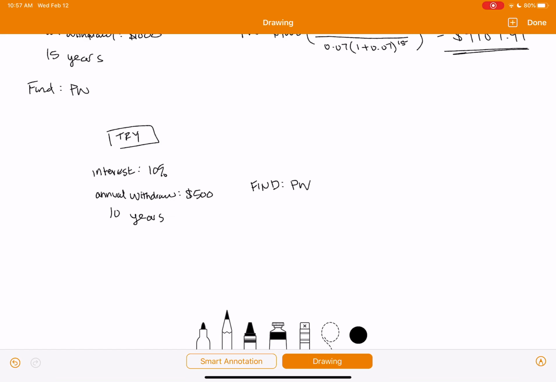So again, find present worth. You can go ahead and work that out. Check your solution with the PDF. This will be number 4 on that PDF. And that concludes what we need to learn about engineering econ.